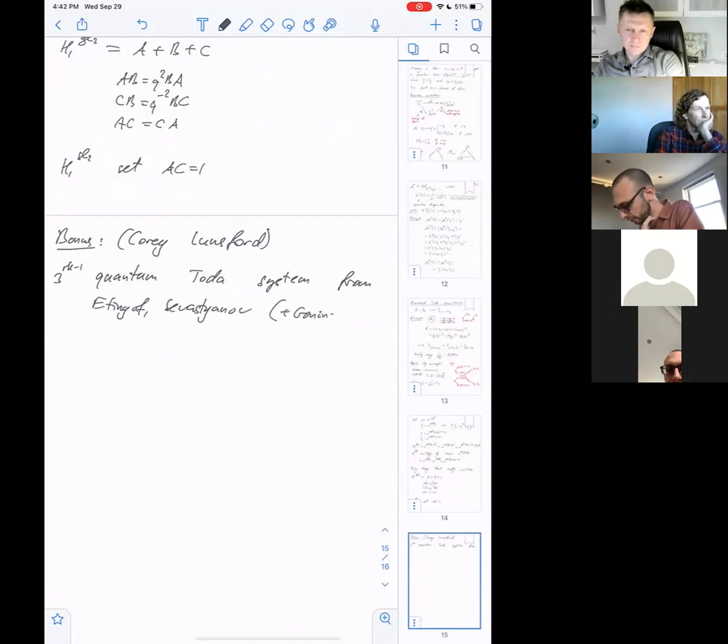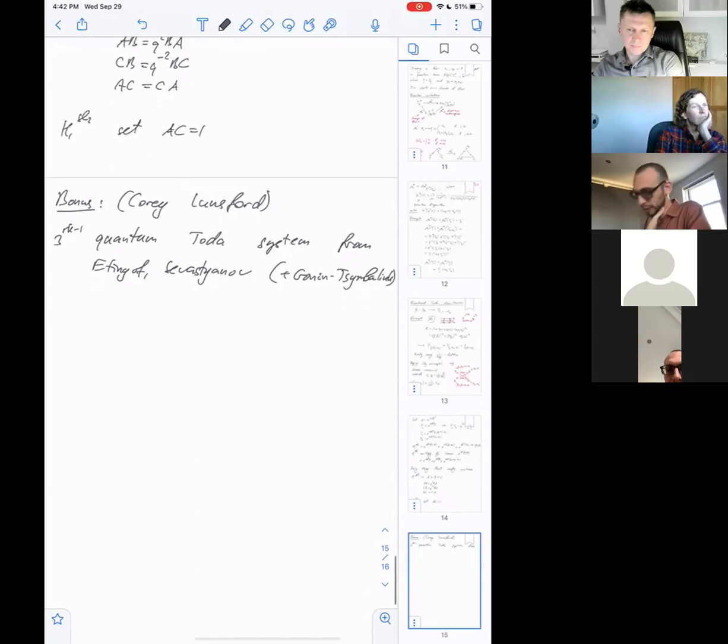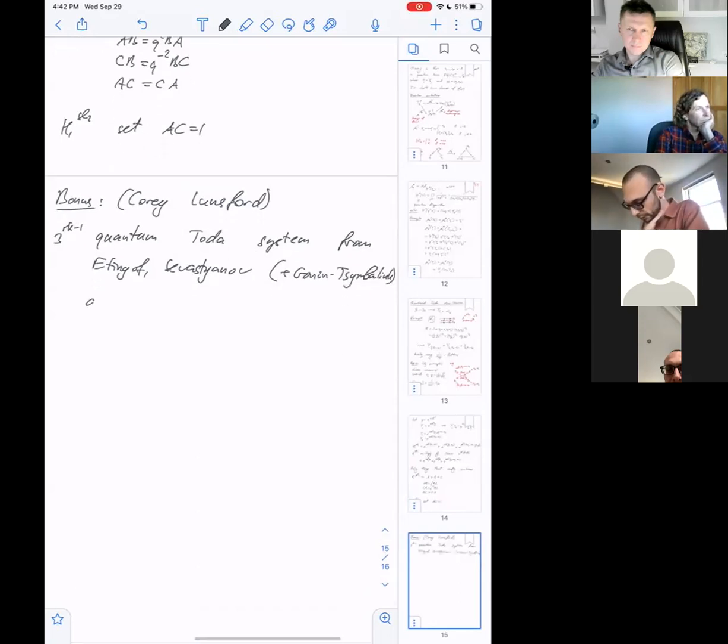So they really didn't add anything in type A to that, but did in type C. So they are the same quantum Coxeter-Toda system.